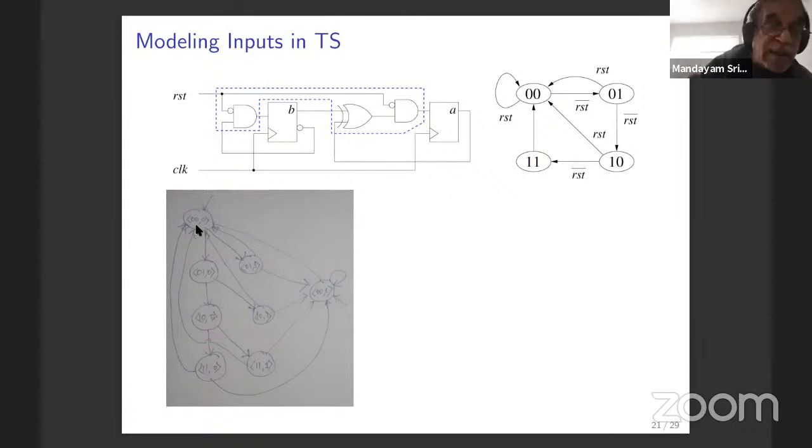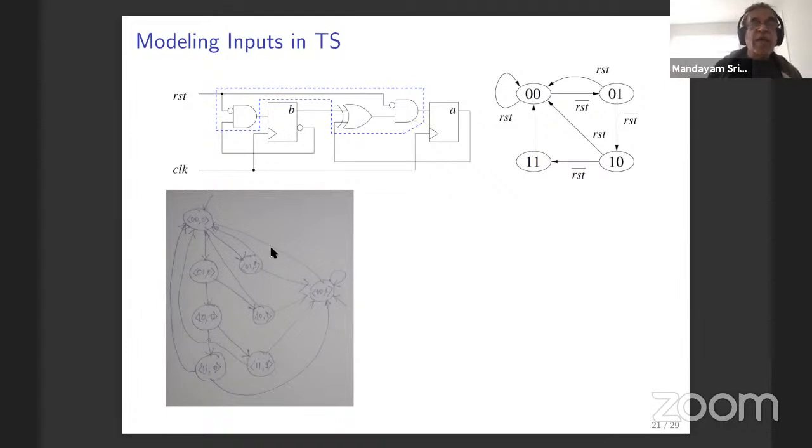You can model the environment by including all the components in the environment, the inputs, as part of the state itself, and use non-determinism to define the transitions of the environment as part of the transition relation itself. This system, which was an open system, has been combined with the environment to produce a transition system and is modeled as a closed system.